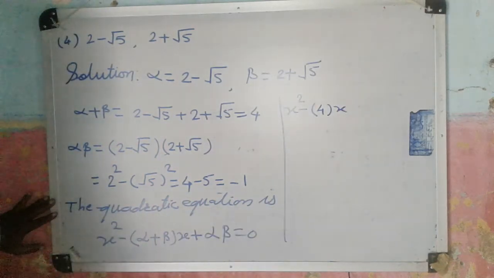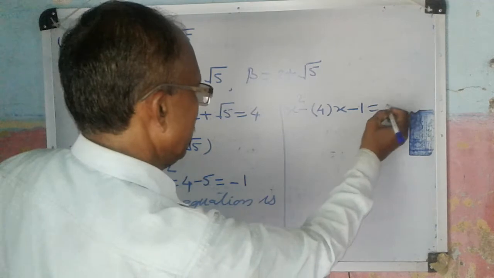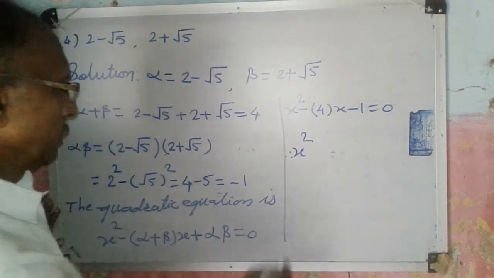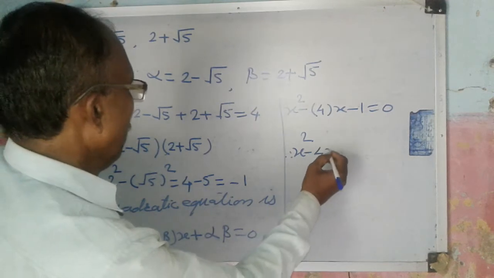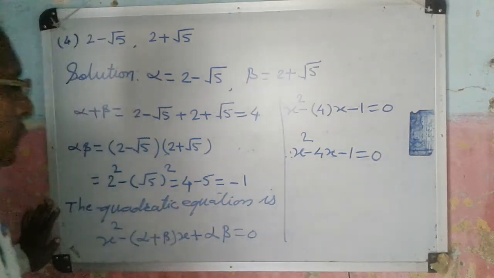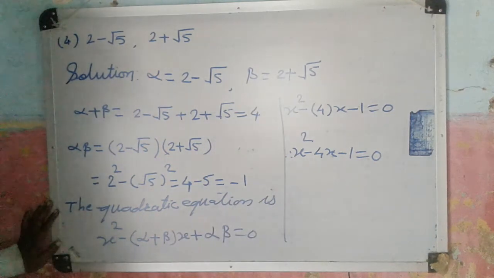Bracket completes, into x plus product of alpha and beta, which is minus 1. And therefore x square minus 4x minus 1 is equal to 0. This is our required quadratic equation.